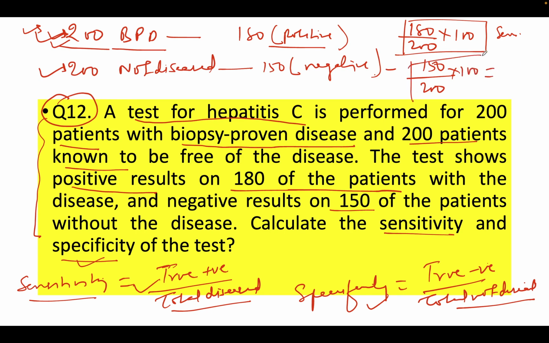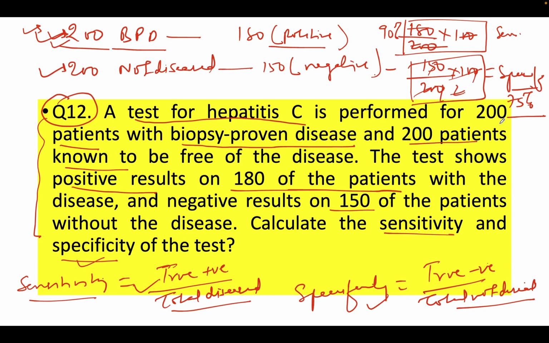So this is my specificity, right? So you can calculate, this goes 90%, and here this goes to 75%. So this is a simple way of doing it.